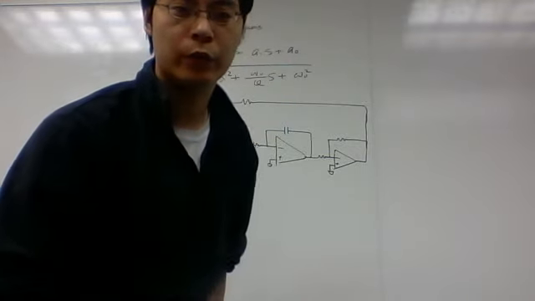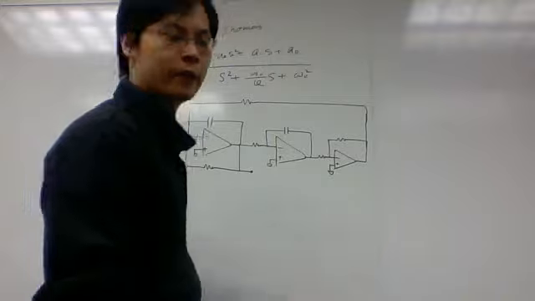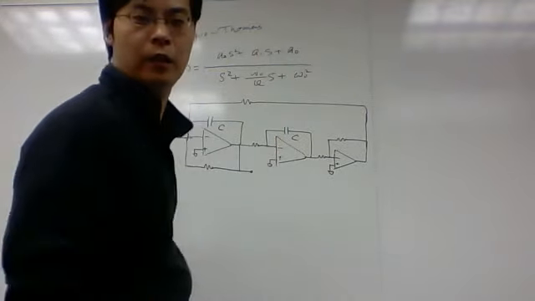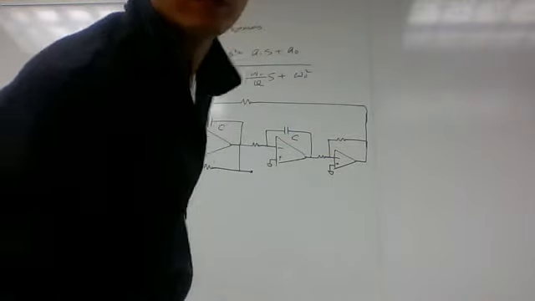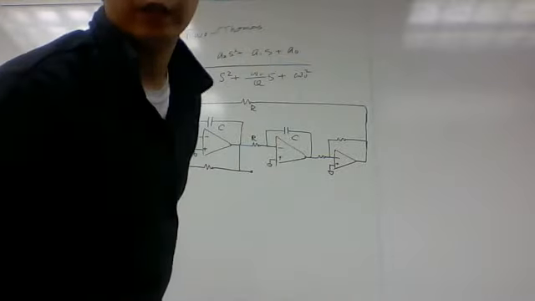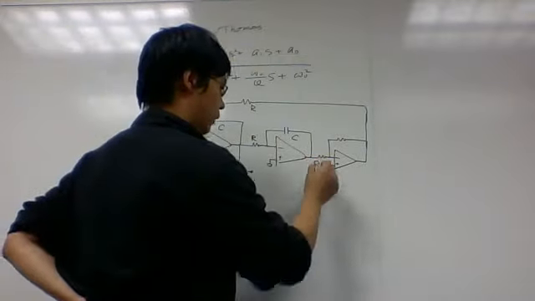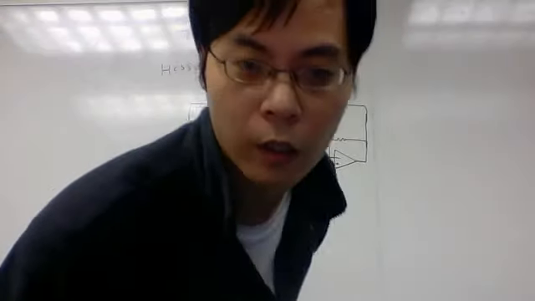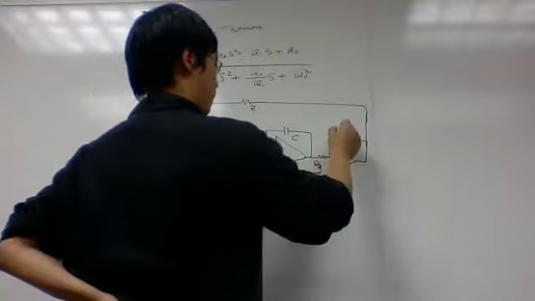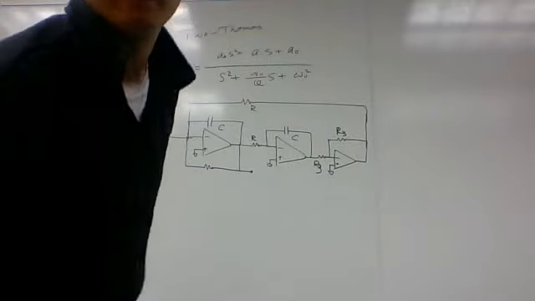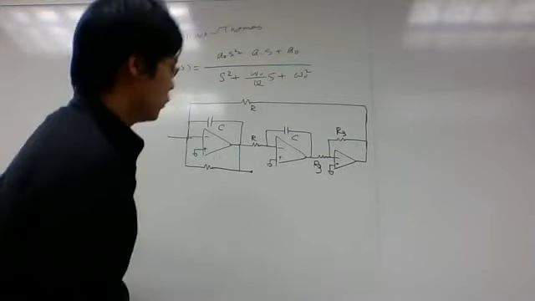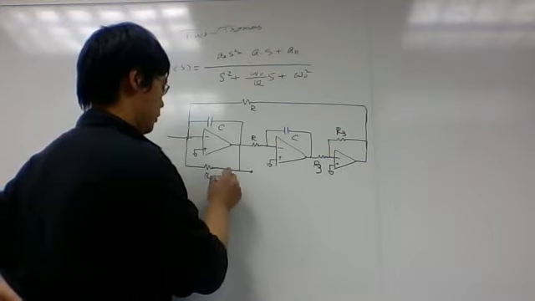What you do is you have a unit cap C, which is always C here, and then this one is R and this one is R, and this is R1, and then this one, sorry, it's R3. And this is R2. This is Q times R.